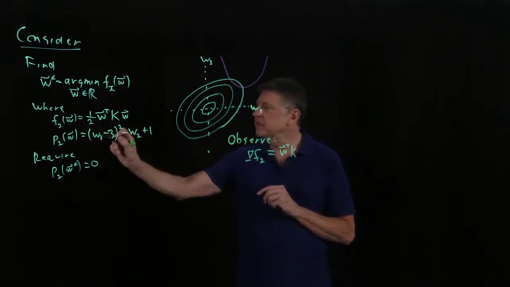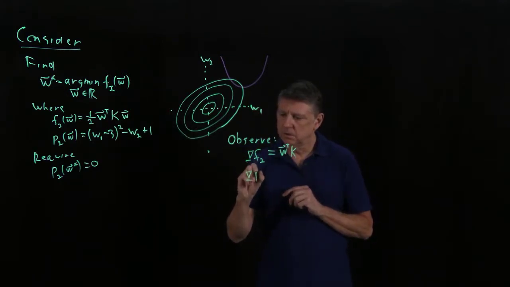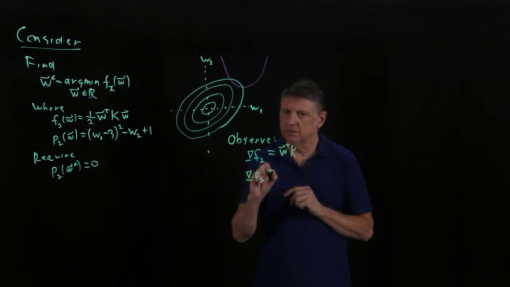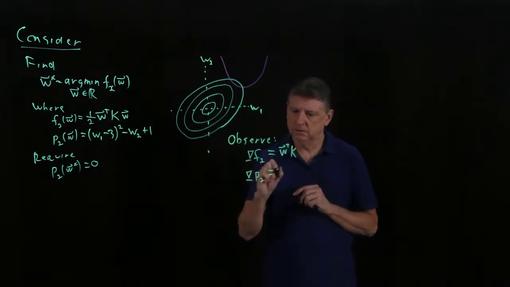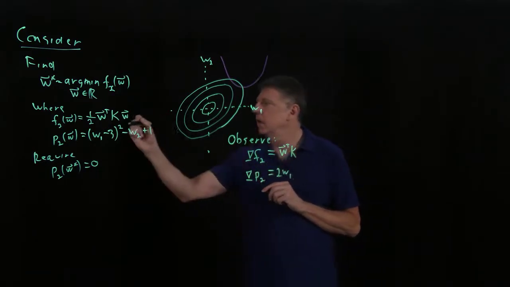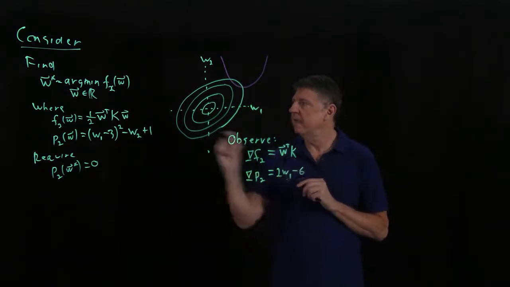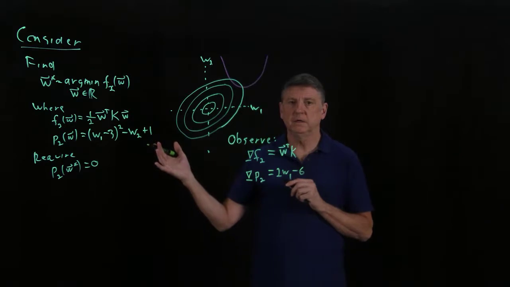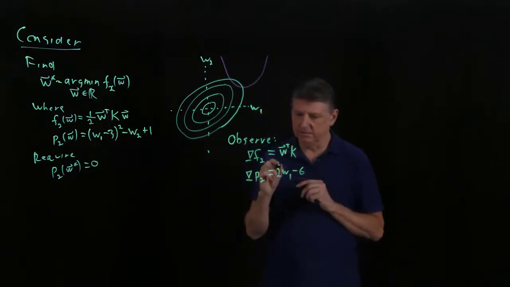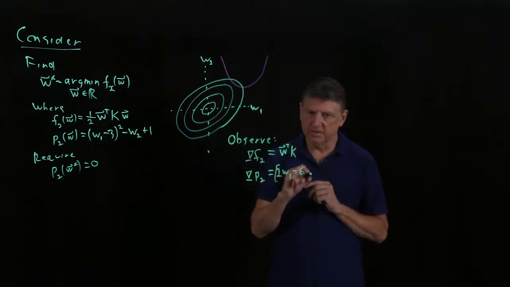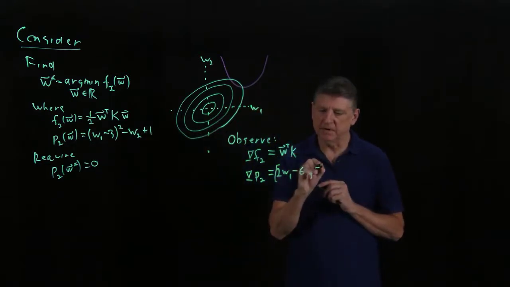And if I differentiate the property with respect to its argument, what I will get is 2W1 minus 6, and that will be the derivative with respect to W1. So let's put a comma there. And then when I differentiate this with respect to W2, that will be a minus 1.